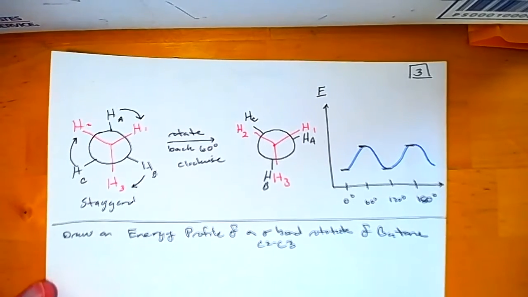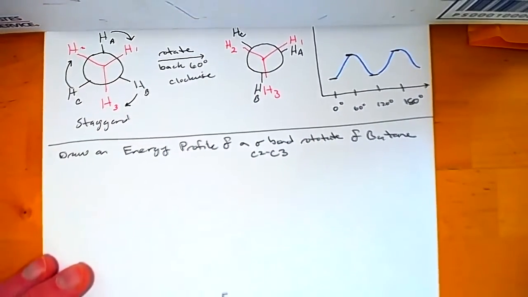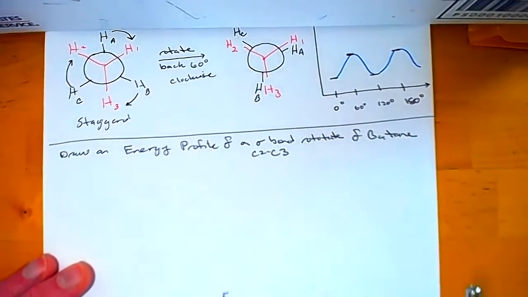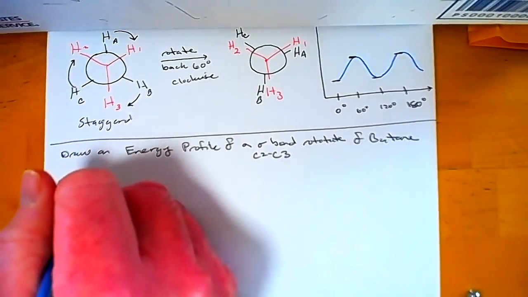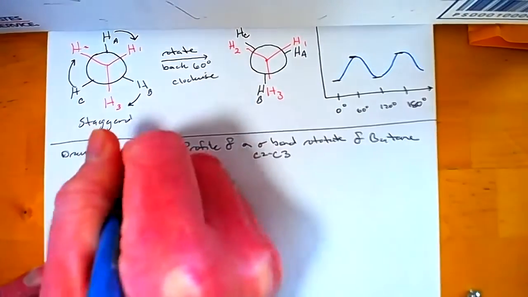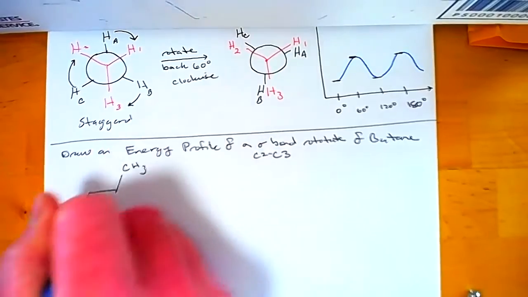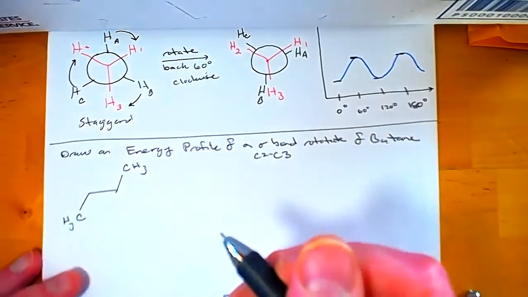Okay, so butane is a 4 carbon hydrocarbon, and I'm just going to go ahead and start off with its 3-dimensional picture. Okay, so we've got a CH3 here, and a CH3 here, and I'm going to draw it in a staggered conformation.